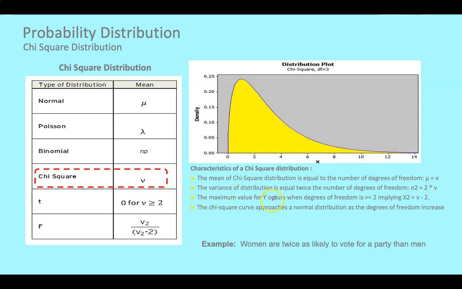The maximum value of y occurs when the degrees of freedom is greater than or equal to 2, implying chi-square is equal to v minus 2. The chi-square curve approaches a normal distribution as the degrees of freedom increase. Example: women are twice as likely to vote for a party than men.